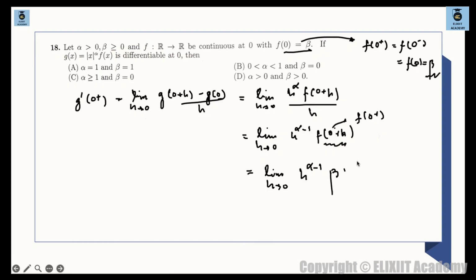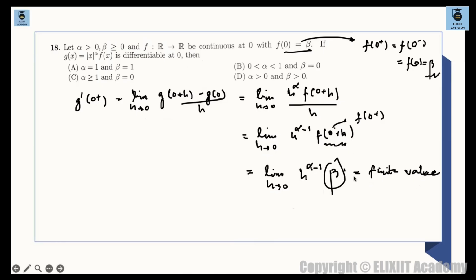Now it is said that the function g of x is differentiable, for what conditions of alpha and beta? So think about it yourself: this limit will be a finite value. For this to be a finite value, we decide accordingly for what values this limit obtains a finite value.